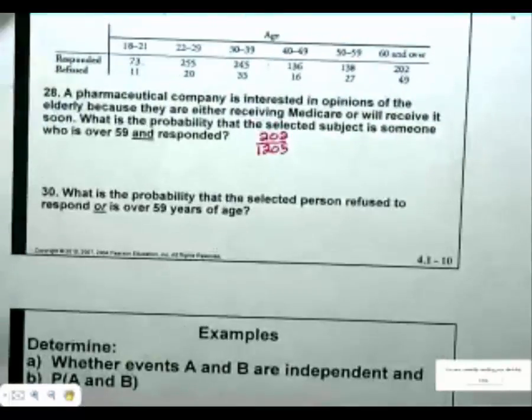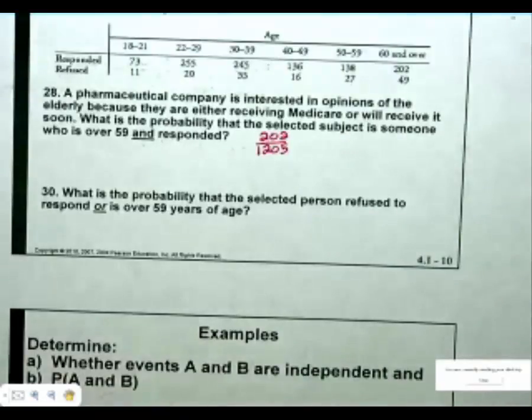What's the probability that the selected person refused to respond or is over 59? What's the first thing we need to find out? Okay, how many people refused? How do I get that number? 49. Oh, yeah? Only 49 out of this 1,205 people?